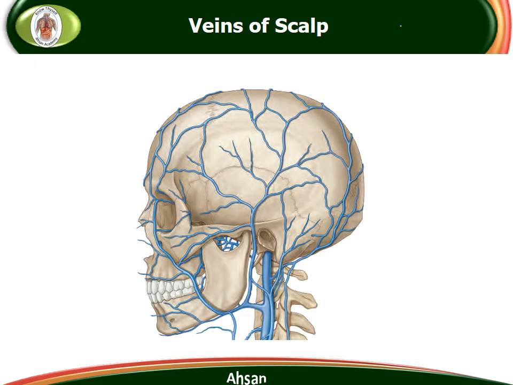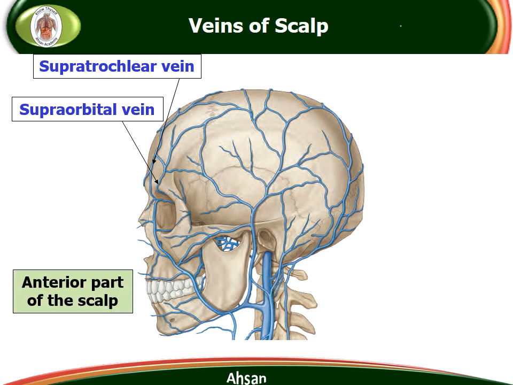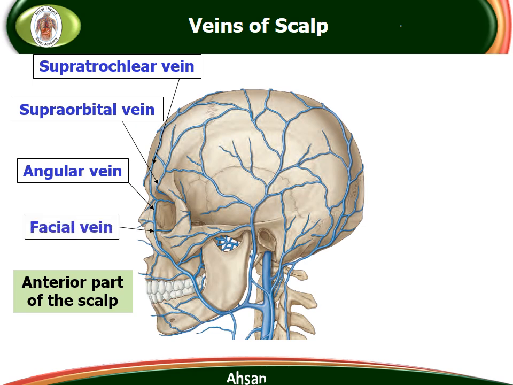You see the veins coming anteriorly, laterally, and posteriorly. The veins draining the anterior part are the supratrochlear and the supraorbital veins. They unite to form the angular vein in the anterior part of the face, and it continues as the facial vein.